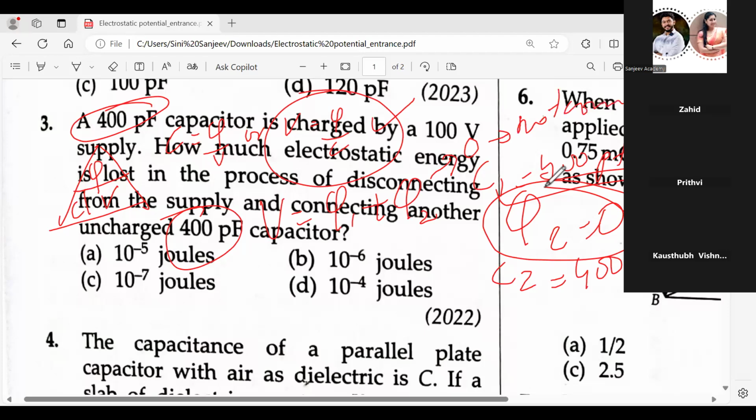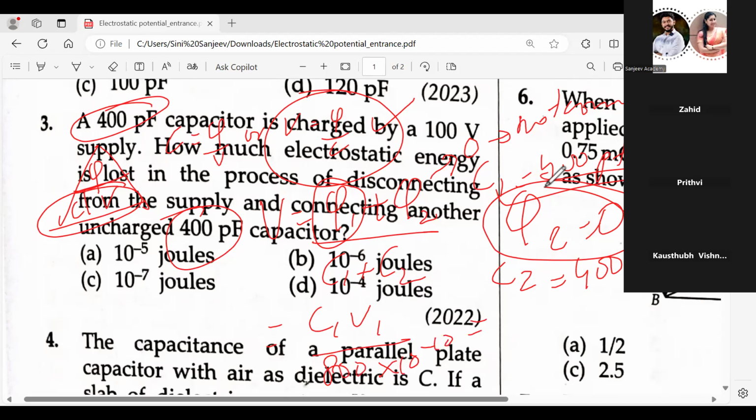C1 and C2 values are 400 picofarad. And Q1 is not given, so Q is CV. Q1 is C1 into V1, divided by 400 plus 400, which is 800 picofarad.